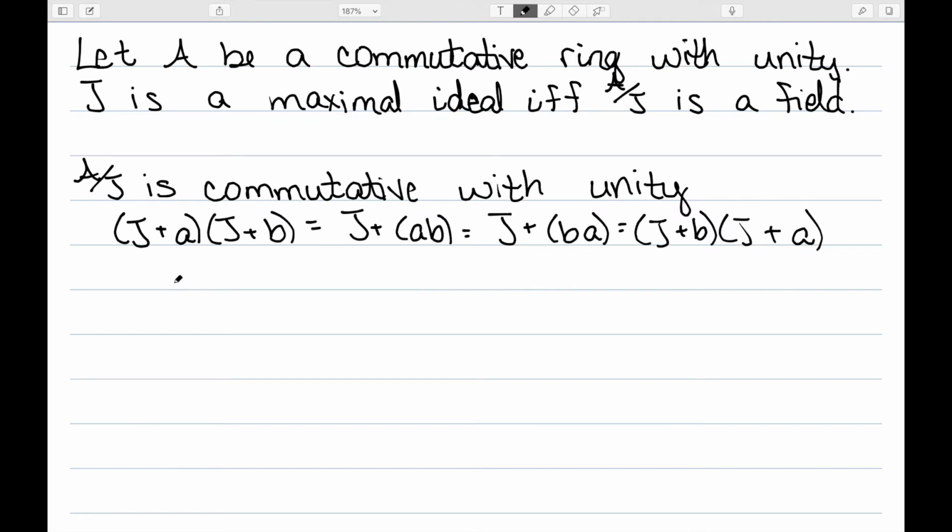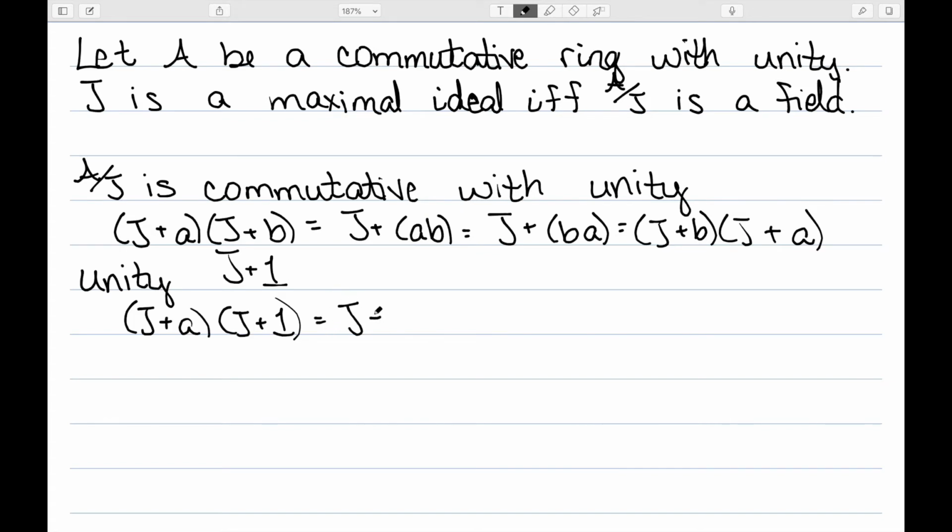We also need that there is a unity. And the unity element is going to be J plus 1, where 1 is the unity element of my ring. In this case, J plus A times J plus 1 is J plus A times 1, and since 1 is my multiplicative identity, that's J plus A. So this is a commutative ring with unity.